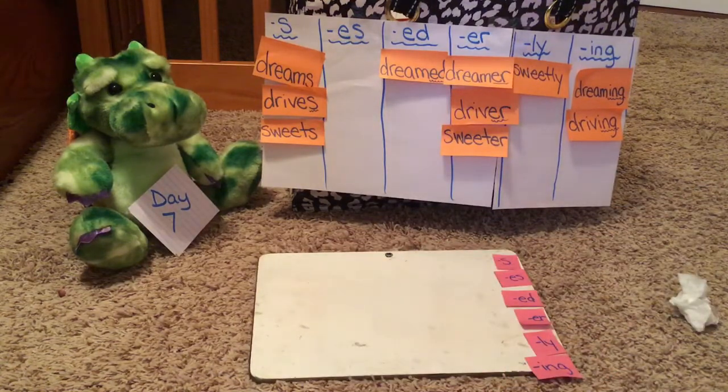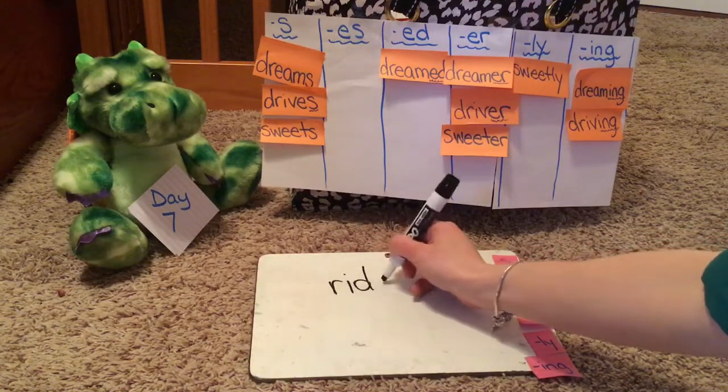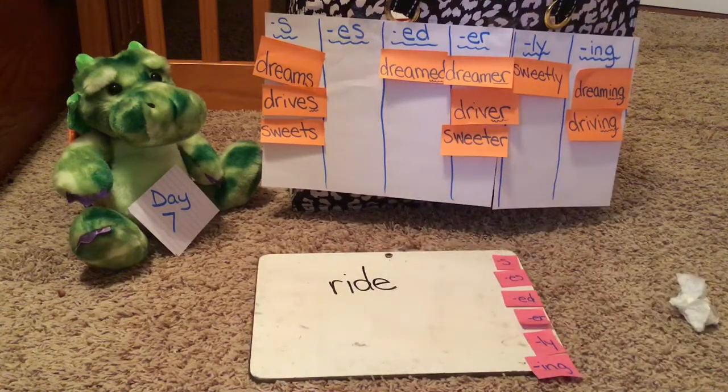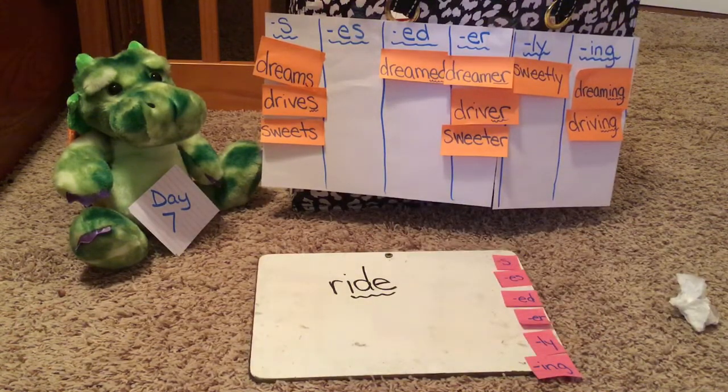Okay, now we're going to try one of those words that has a silent E at the end. So you're going to have to think about how you're going to change this word. We're going to start with the word ride. Ride, part of that family, tide, side. So it's got that "ide" ending. That's part of that "ide" family, so you should know that pattern. All right, I want you to turn the word ride into rides.